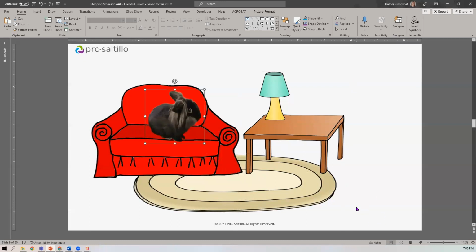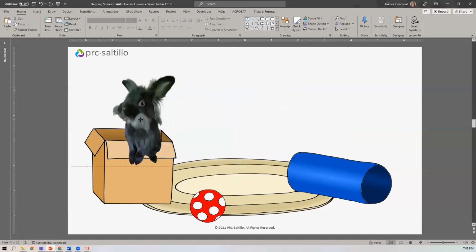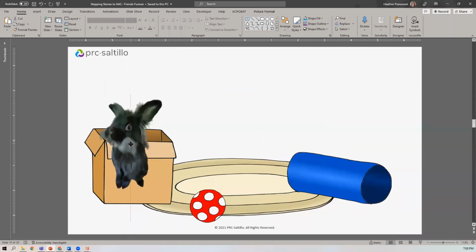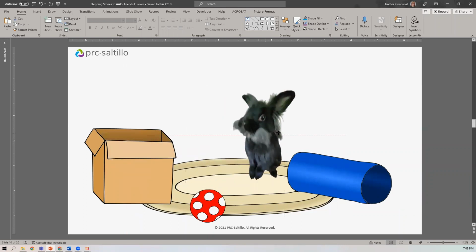All right, I'm going to make Attila move. Uh-oh. Where did Attila go now? It's going to go in the box. What can he play with? Can he hide behind his pillow? Oh.